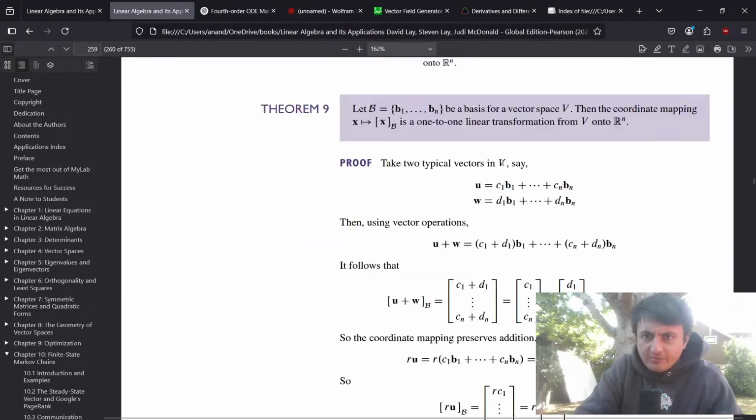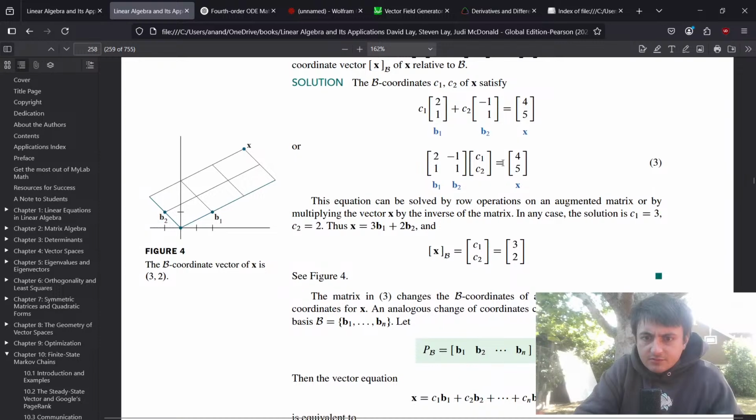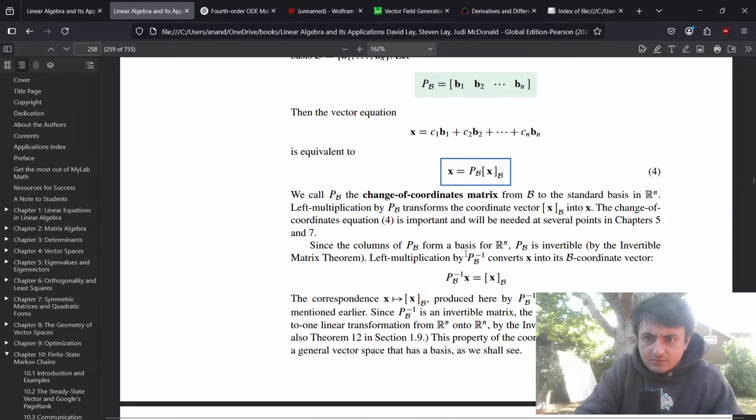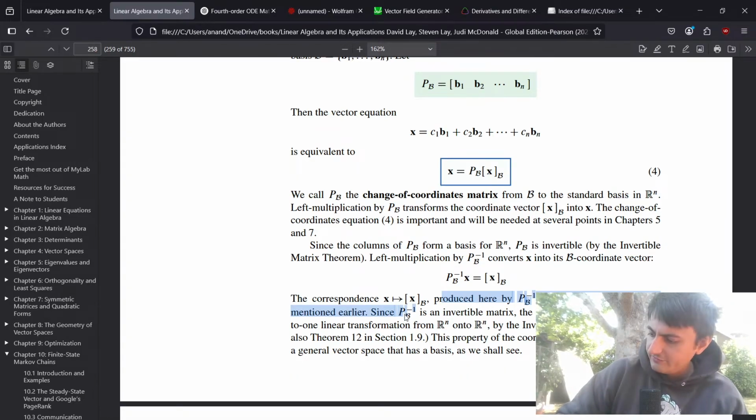Where do they describe that P inverse thing? Okay, so P inverse is the coordinate mapping. So B inverse we're gonna call the coordinate mapping that goes from X to XB.